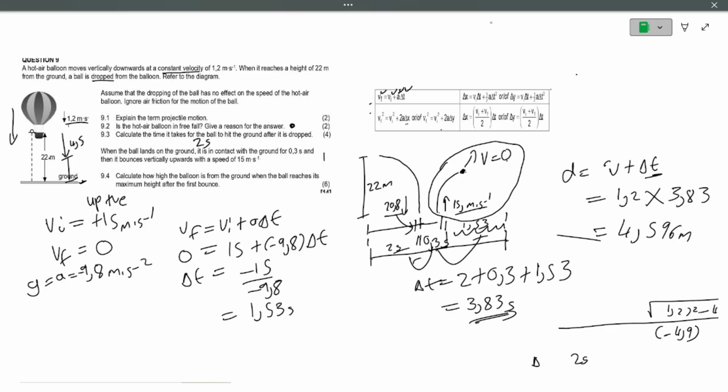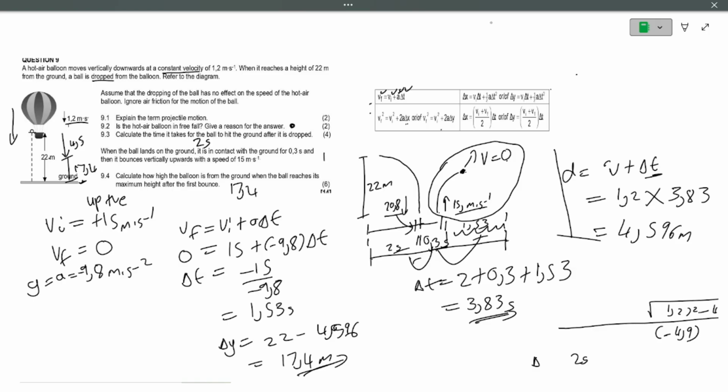Our change in y is going to be 22 minus 4.596, and let's round it to 17.4 meters. That's the height above the ground. So that's how we get it.